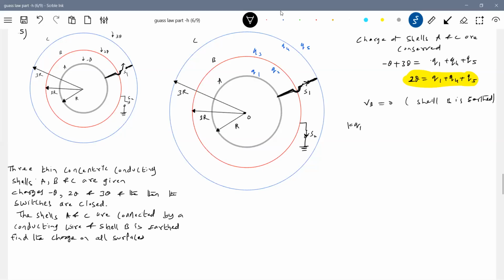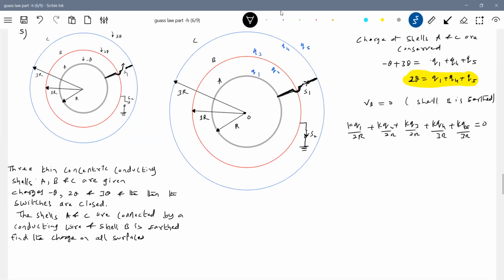So the potential of shell B will be KQ1 by 2R plus KQ2 by 2R plus KQ4 by 3R plus KQ5 by 3R, all equal to 0.